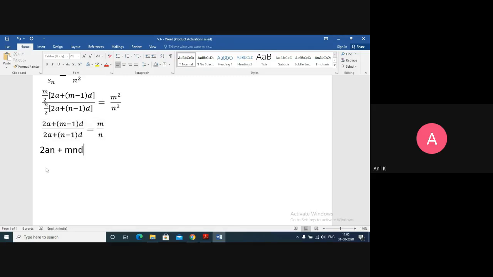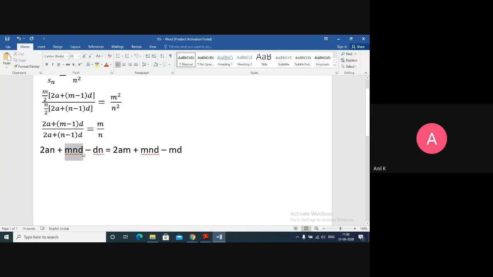So it will come as 2an plus mdn minus dn is equal to, now the numerator m will multiply with the denominator term 2a plus n minus 1 into d. Hope you are understanding here. First m multiplies with d, so it will be md, now md will multiply with n minus 1, so it is mdn minus md.